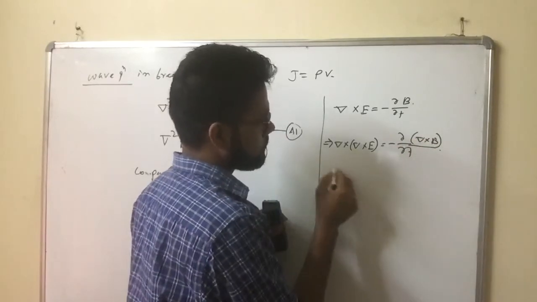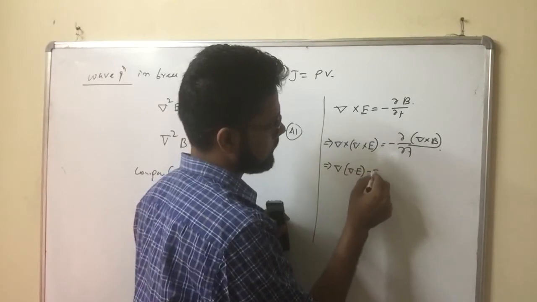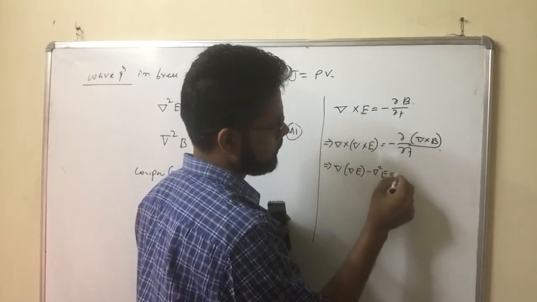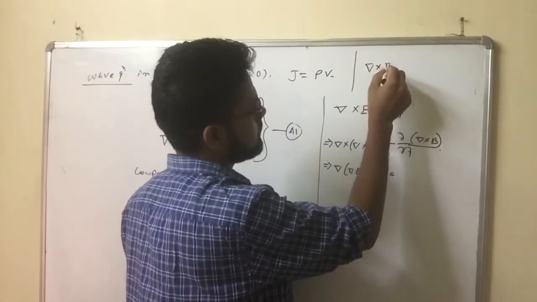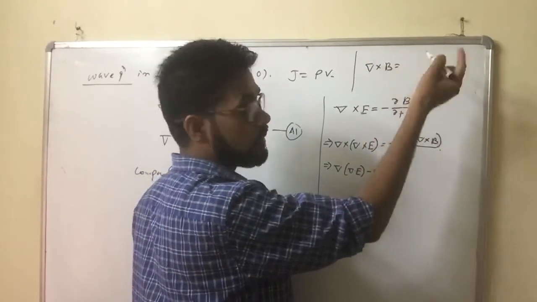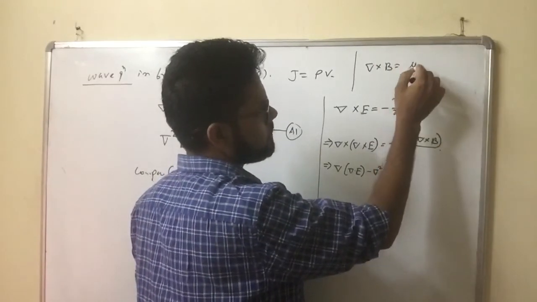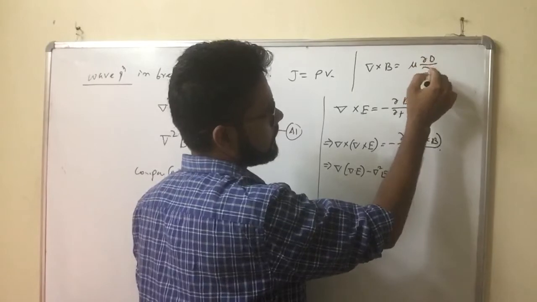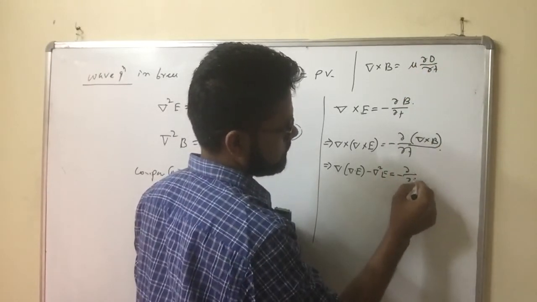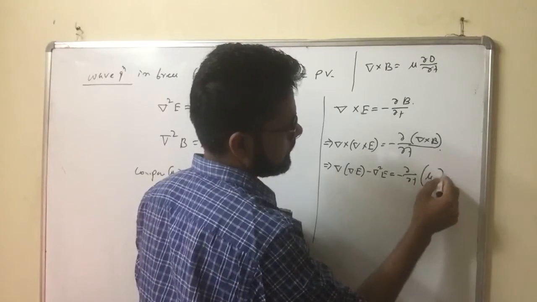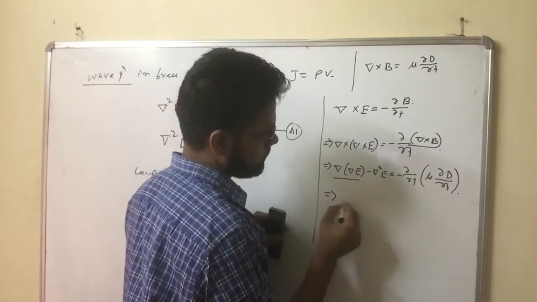The divergence of E minus del square E equals, this part is derived from curl of B equal to mu j, which is 0, plus mu epsilon del E by del t. If we put this value, mu del D by del t. Clear? So this term is 0.